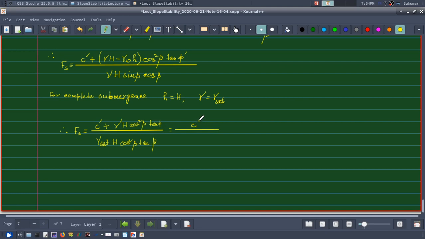So C dash by gamma saturated into H into cos square beta tan beta, plus we have gamma submerged by gamma saturated into tan phi by tan beta.